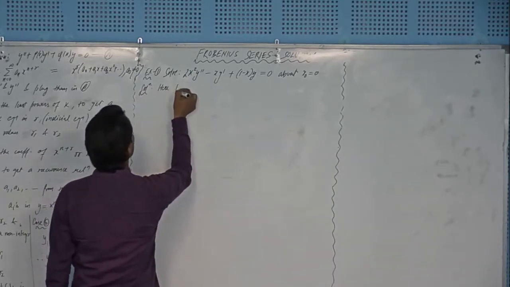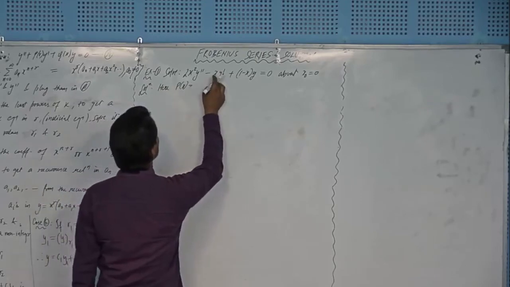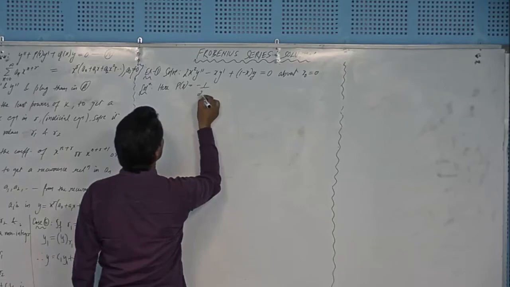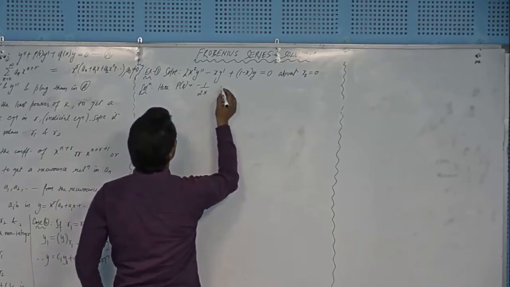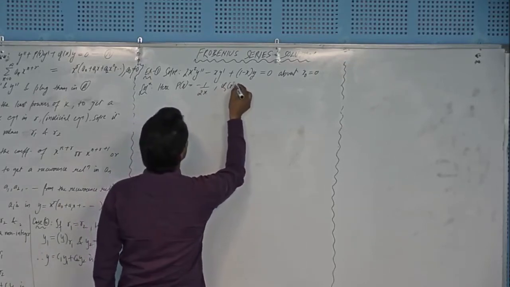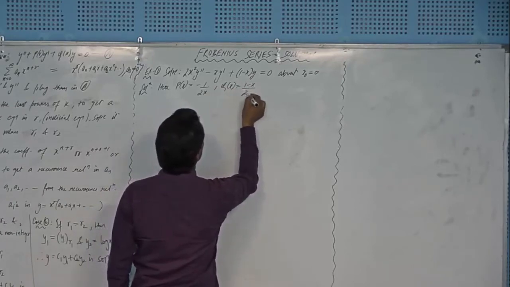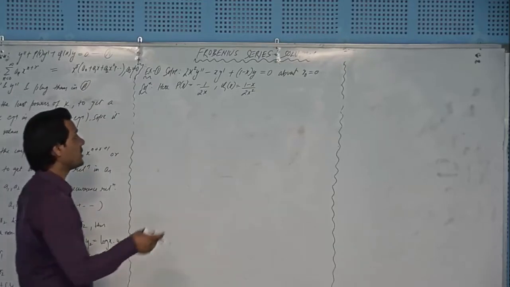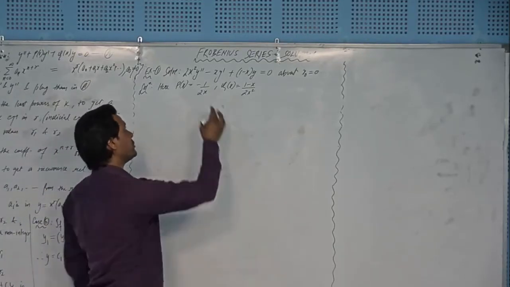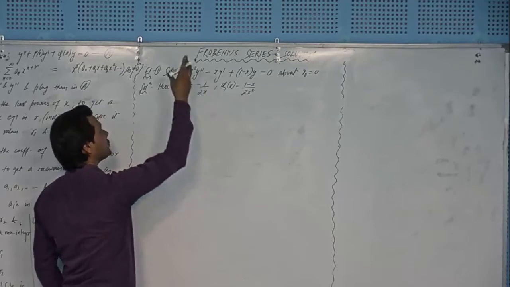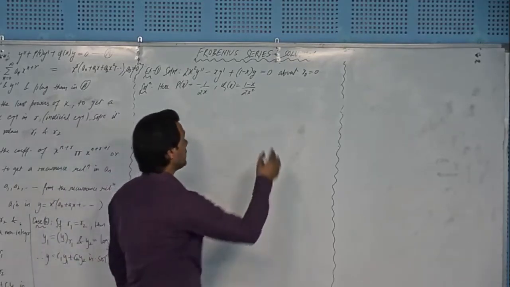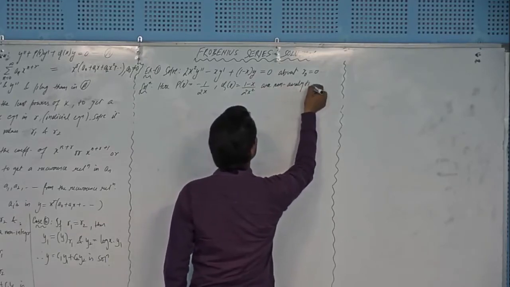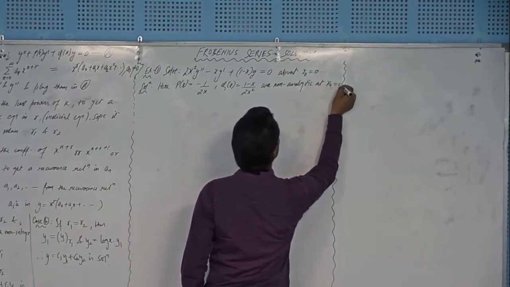Here p(x) is minus x over 2x square, that will give me minus 1 over 2x, I think, right? And q(x) is (1 minus x) over 2x square, right? You can see that both of these p(x) and q(x) are non-analytic at x equal to 0. If you put x equal to 0 here and here, they will blow up to infinity, right? They are non-analytic at x equal to 0, right?